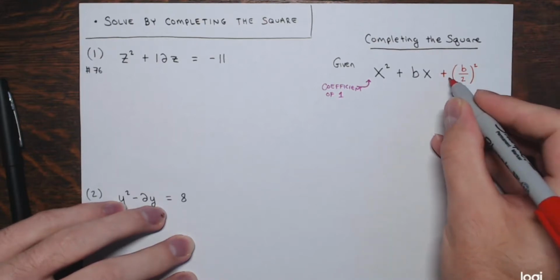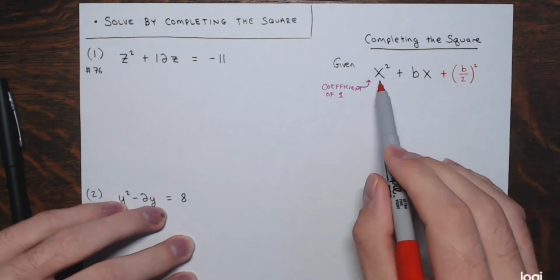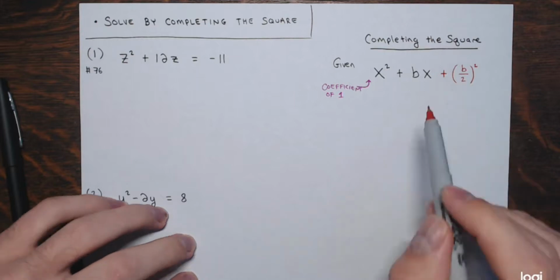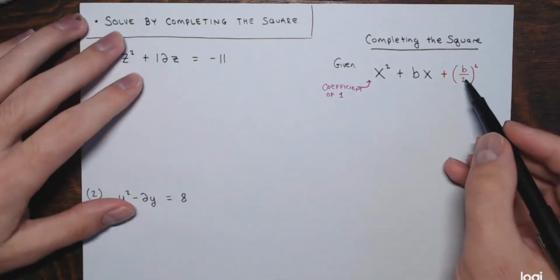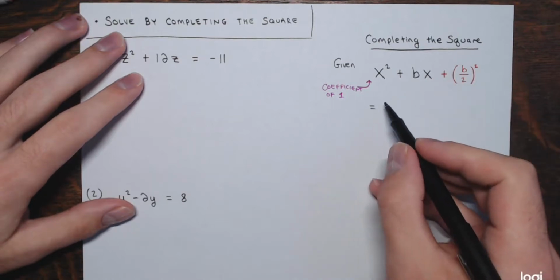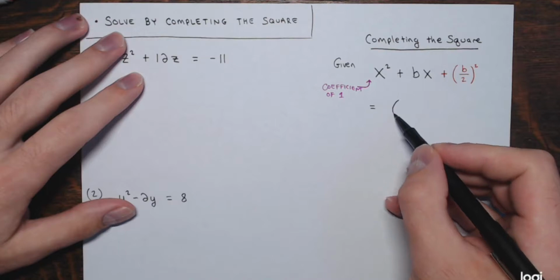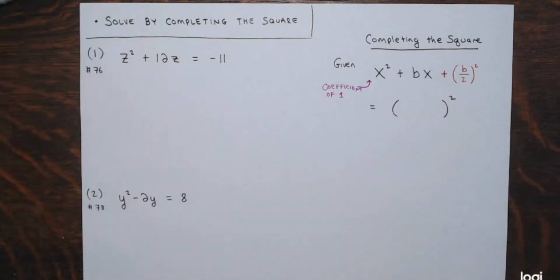This gets added on to this binomial, turning it into a perfect square trinomial. And then once this half of b squared is added on, you can express this trinomial as a square, as a binomial to the second power.